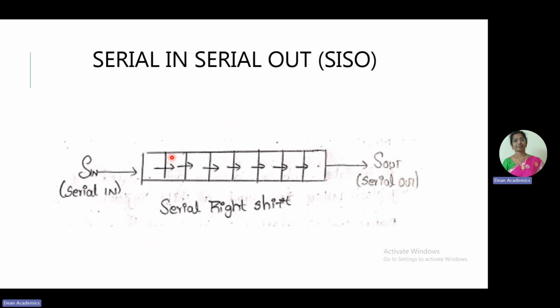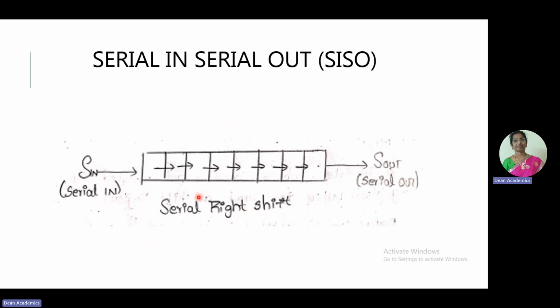Now we are going to consider the serial in, serial out shift register. In this register, the data enters serially, bit by bit, for every clock pulse, and at the same time data comes out of the register serially for every clock pulse.